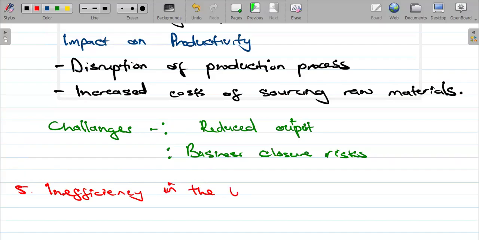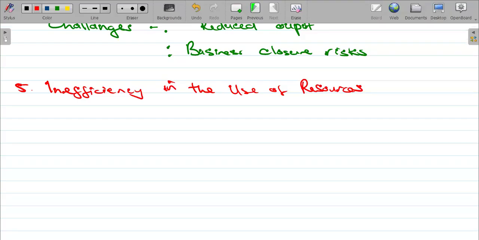So let's discuss the impact of inefficiency in the use of resources on productivity.